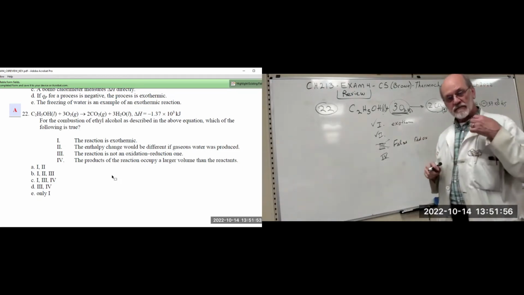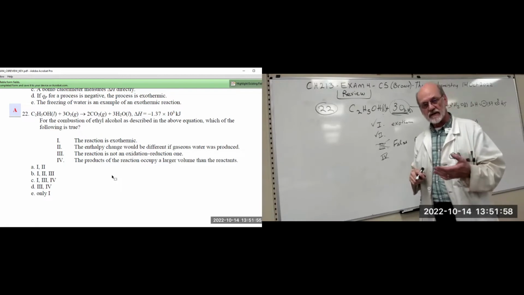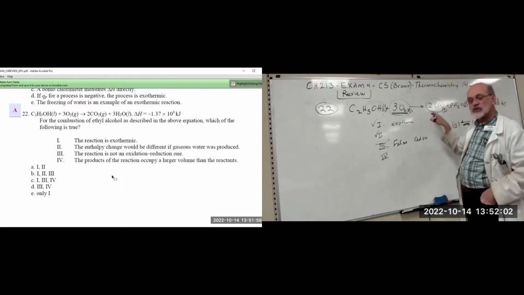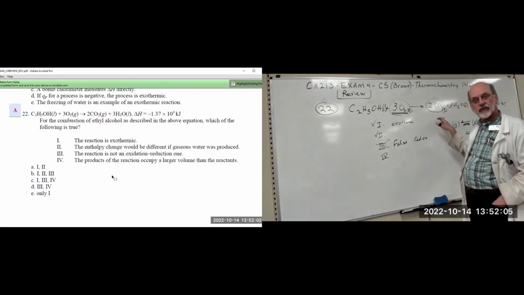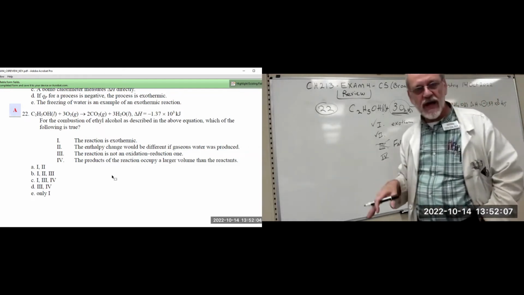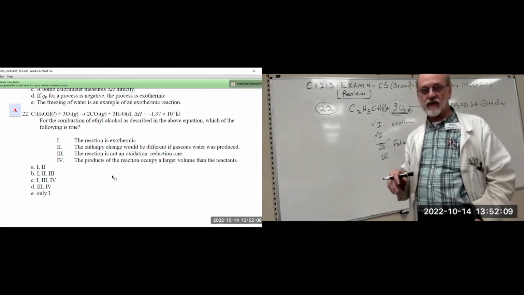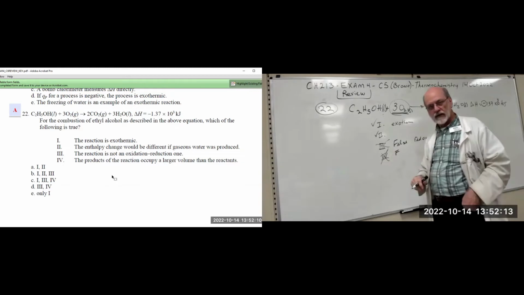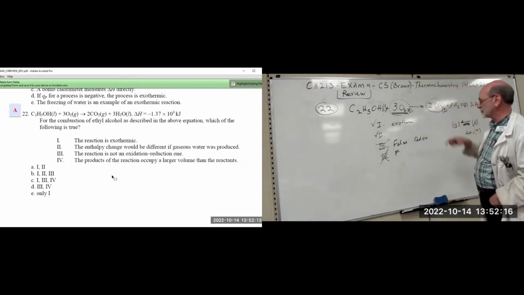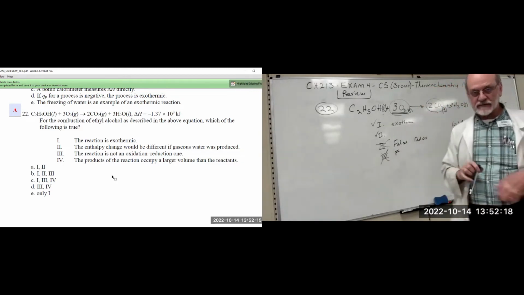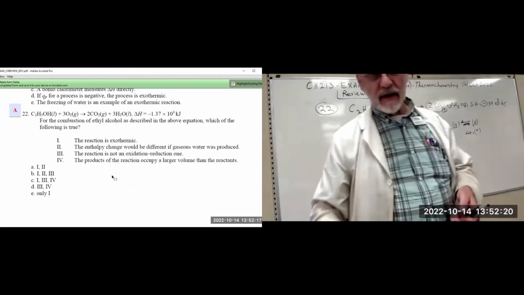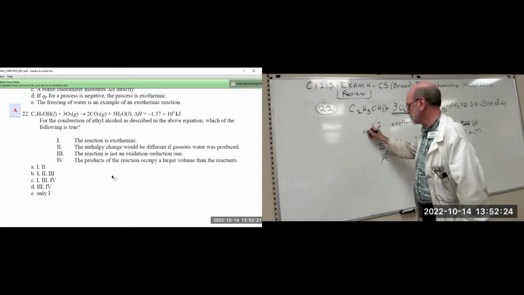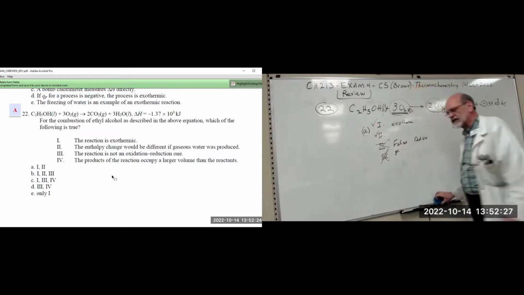If you're going to keep the pressure constant, then 2 moles are going to occupy less volume than 3. So the products of the reaction occupy less volume than the reactants. That was false also, based upon that reasoning, comparing those gases. Okay, so the answer is A, 1 and 2. That took a little work.